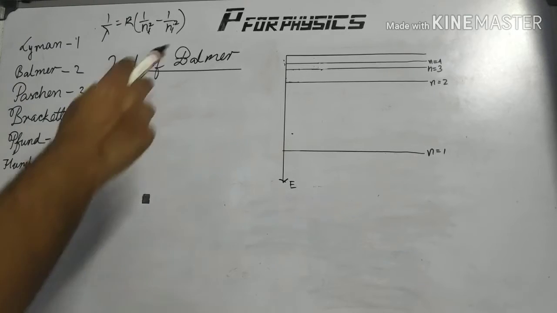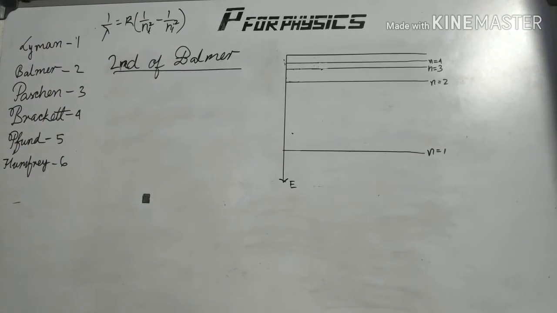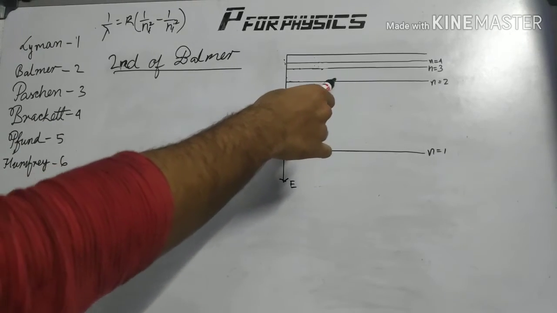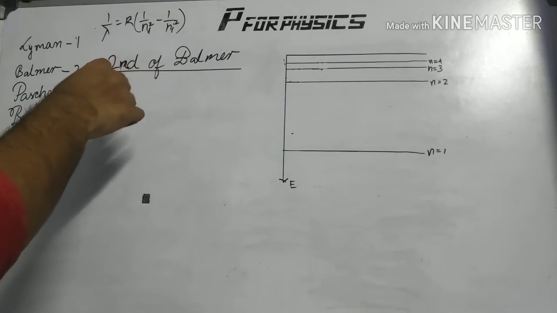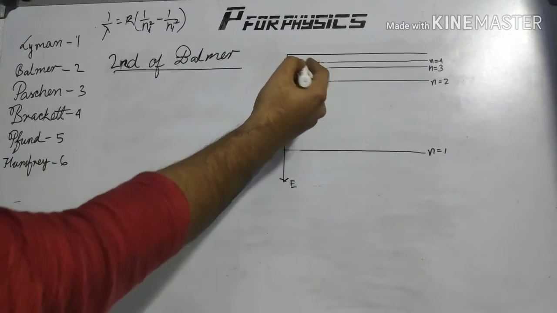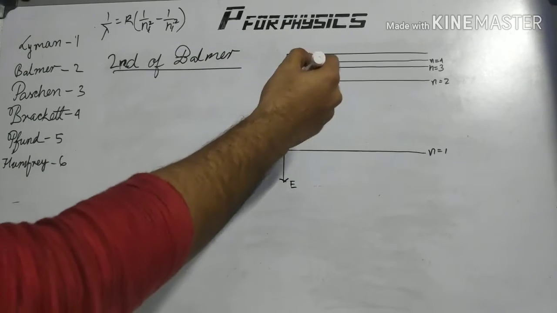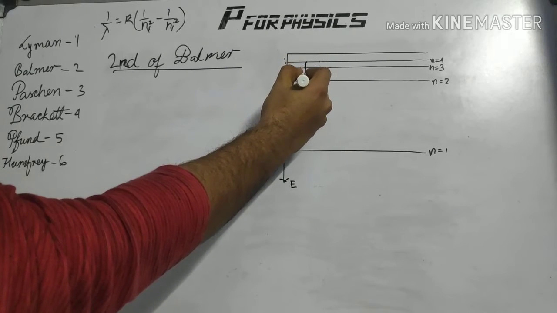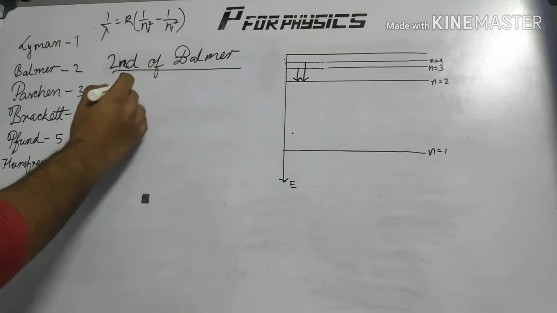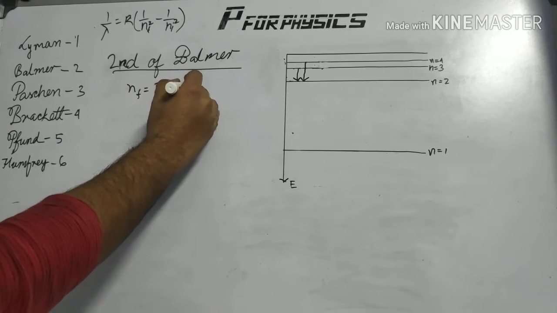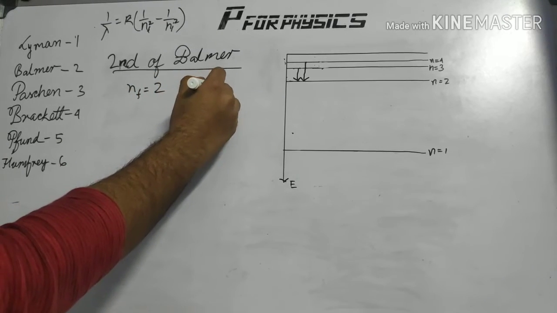So as we know, Balmer comes second after Lyman. So for Balmer, the electron jumps to the second energy state, and for the first spectral line it should come from third orbit, and for the second it will be from fourth. So we have n final is 2 and n initial is 4.